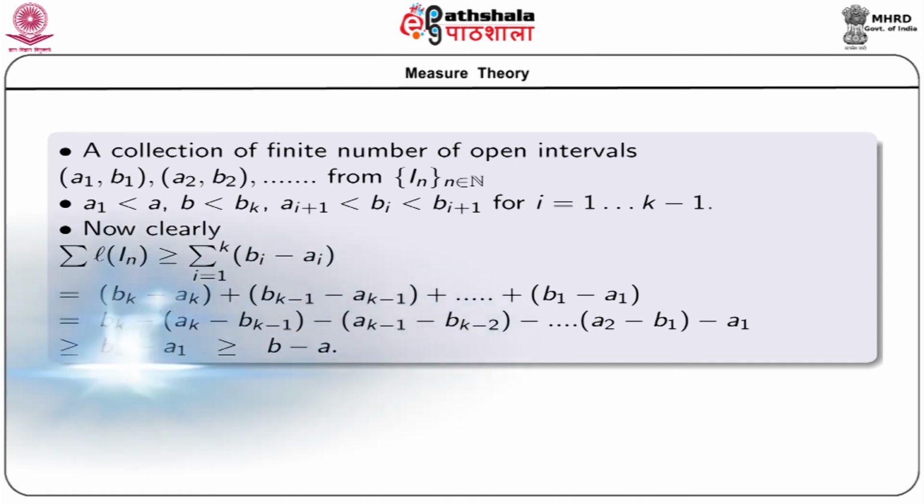So, clearly this is greater or equal to b_k minus a_1, which is again greater or equal to b minus a, and this shows that the sum of l(I_n) is greater or equal to b minus a, and consequently we have the outer measure of I is also greater or equal to b minus a, and we have the result.